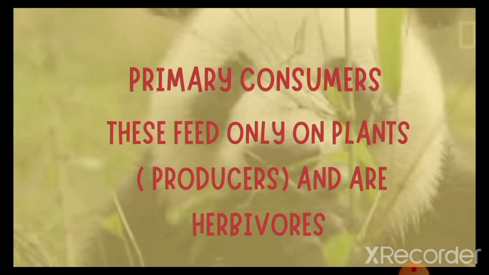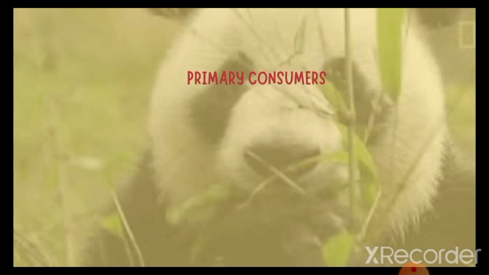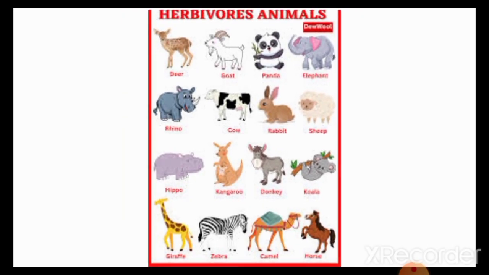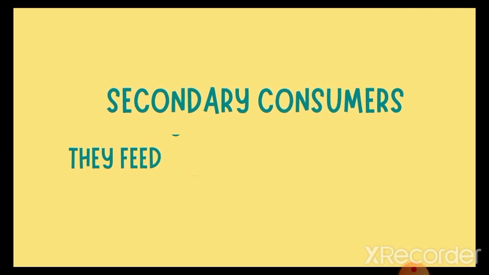The primary consumers feed on only plants, and because of this they are known as herbivores. Examples are goat, panda, elephant, cow, hippo, donkey, zebra, camel, giraffe, horse and so many others.